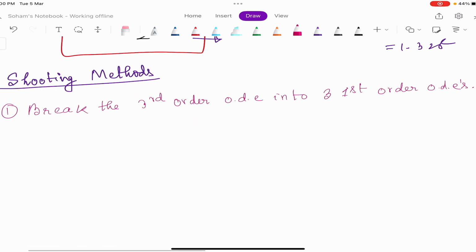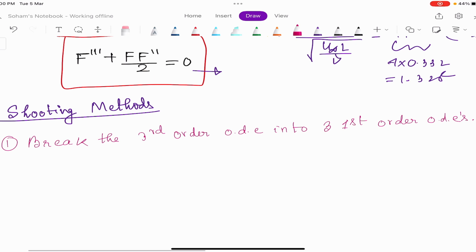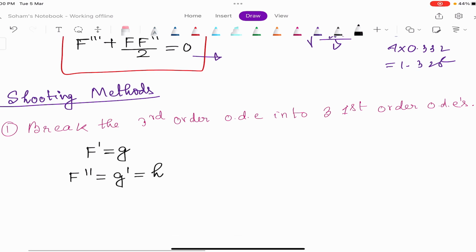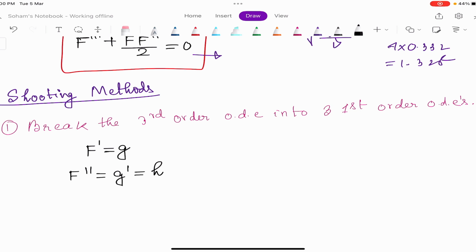How can we do that? Let us assume f dash equal to some g. Then we have f double dash equal to g dash, and that we assume to be some new variable h.